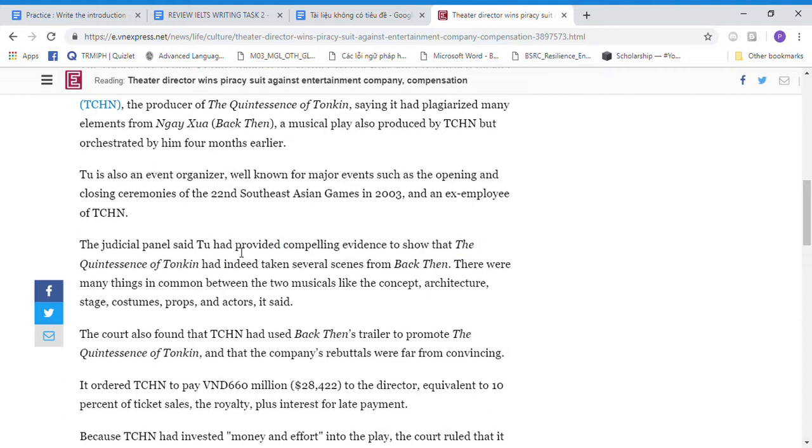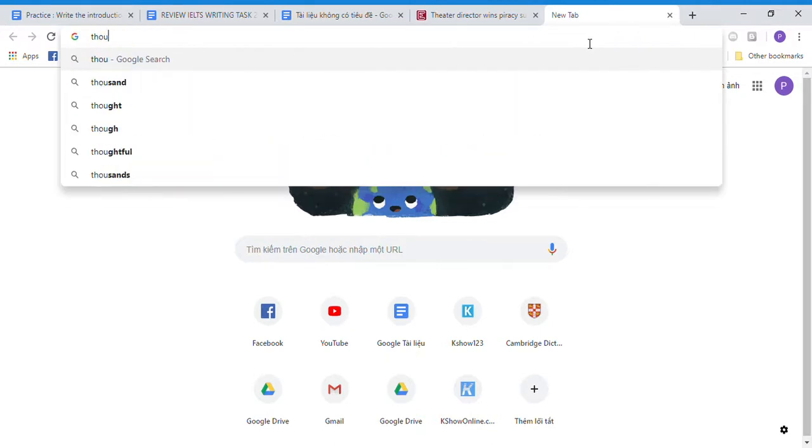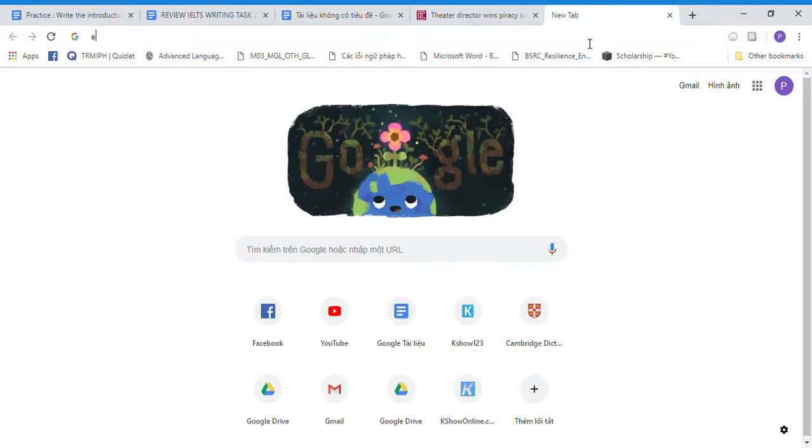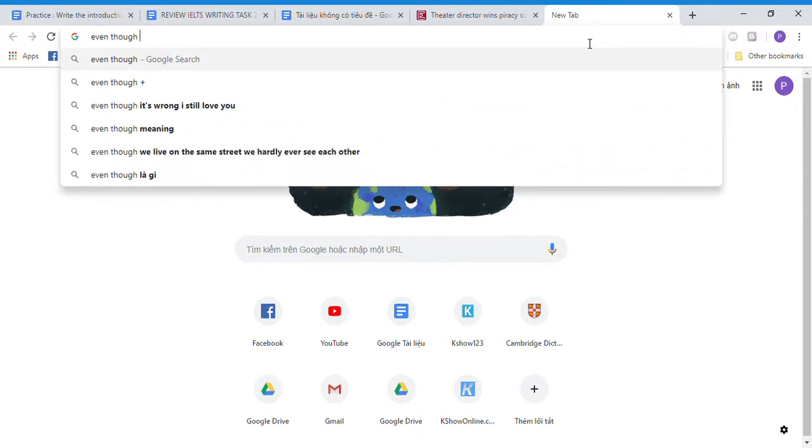If you have to deal with an IELTS writing test topic about crime, this will be a good phrase, a good sentence structure, or just a good collocation. All the basic sentence structures are like though, even though, although. You have to know what and how to use those sentence structures.